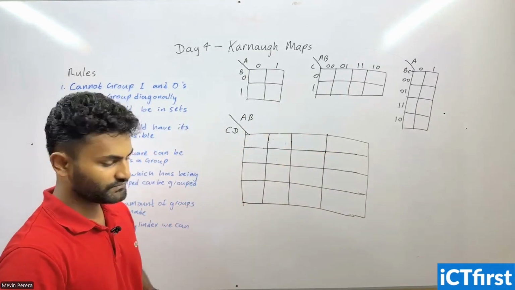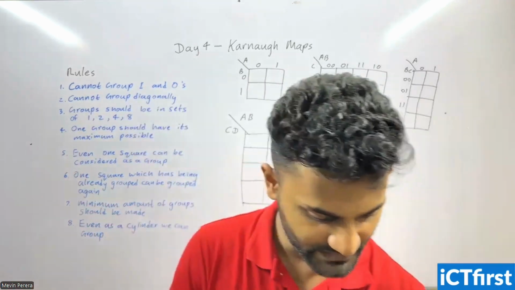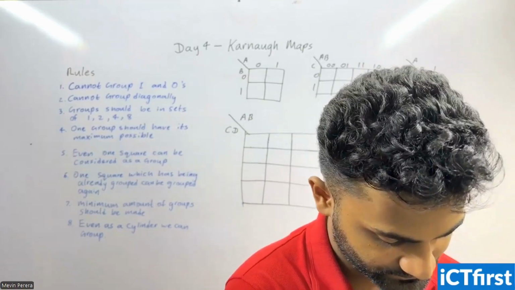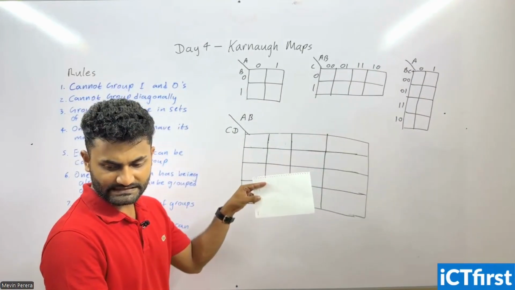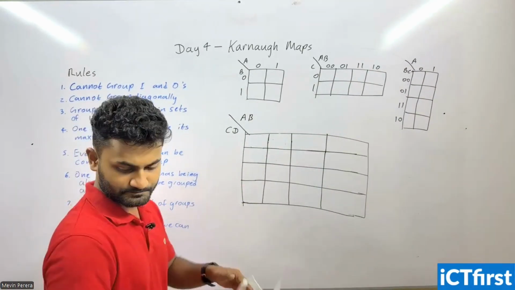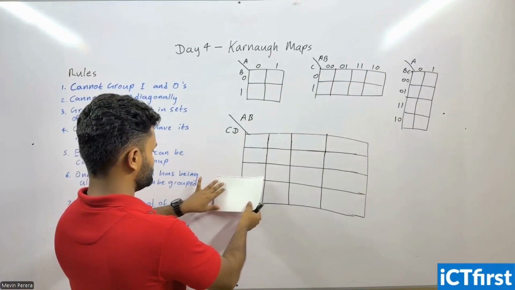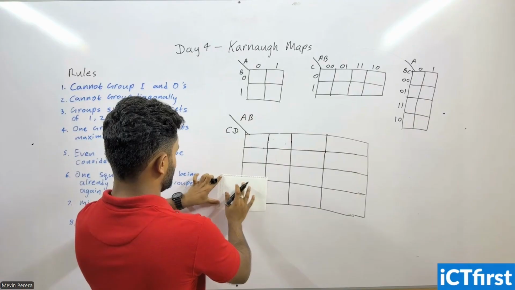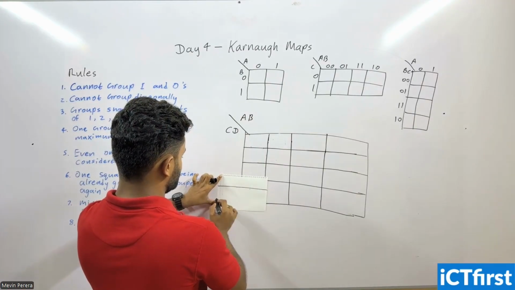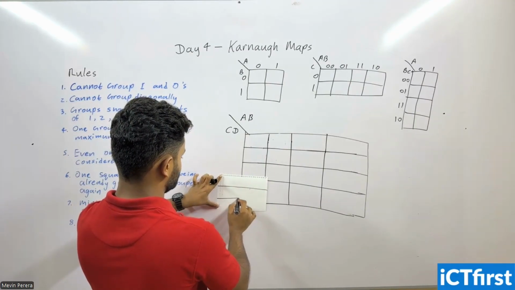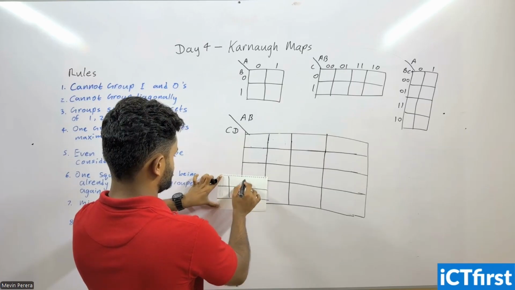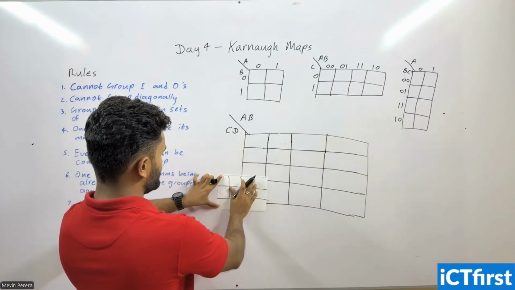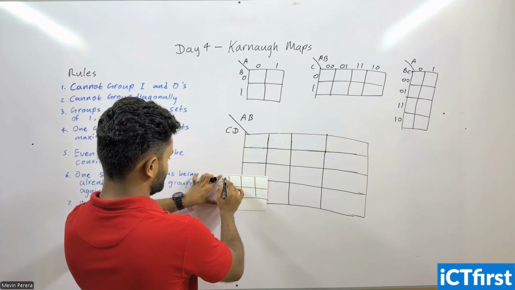Before doing this, let me take a paper and show it to you all. Okay, you all can see this, right? Now let's say I draw a Karnaugh map here, just eight squares.